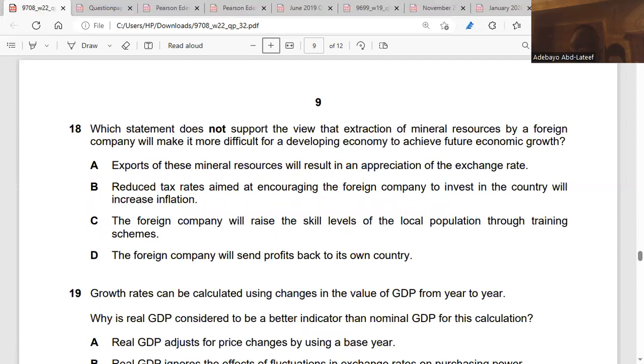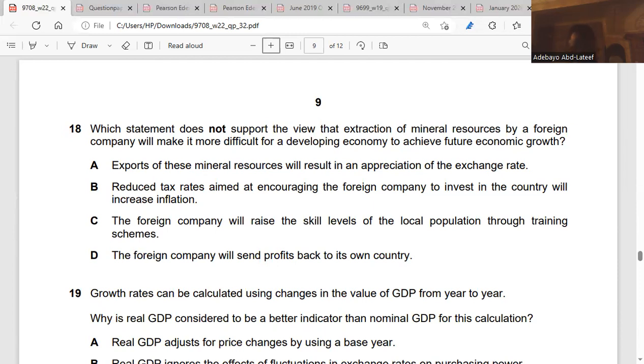Which statement does not support the view that extraction of mineral resources by a foreign company will make it more difficult for a developing economy to achieve future economic growth? Exports of these mineral resources will result in acquisition of foreign exchange, which is good. Reduced tax rates aimed at encouraging the foreign company to invest in the country will increase inflation. Good. The foreign company will raise the skills level of the local population through training schemes.